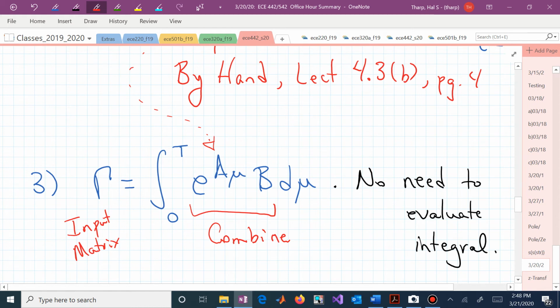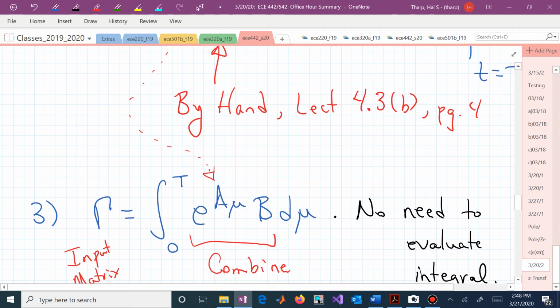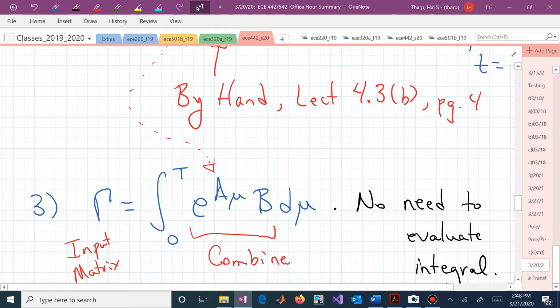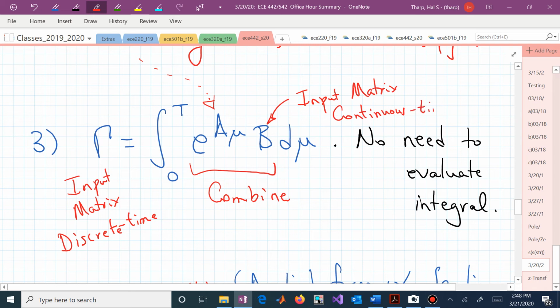That's now the integral from 0 to the sample period of this matrix e to the A mu, where we're now using a variable mu as our variable of integration, times the analog system input matrix B. So this input matrix here is for the discrete time setting, and this input matrix is in your analog state space representation, or the continuous time system.